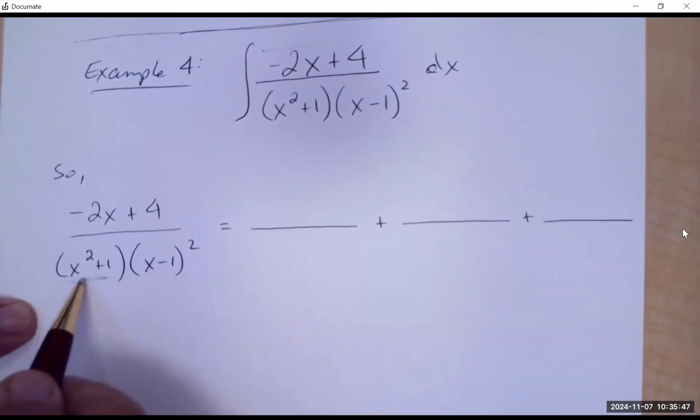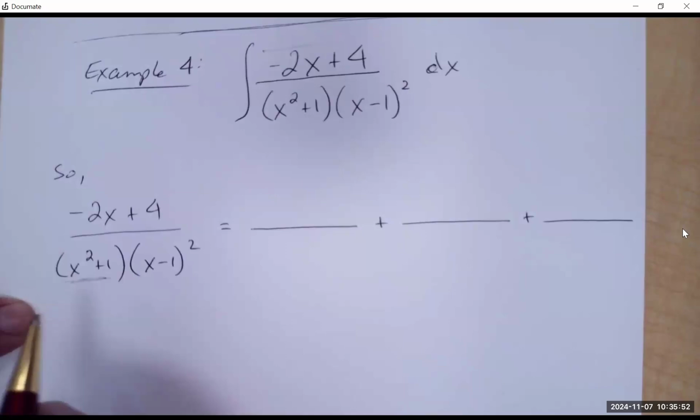For the first one, it's an irreducible quadratic because it can't be factored any further.